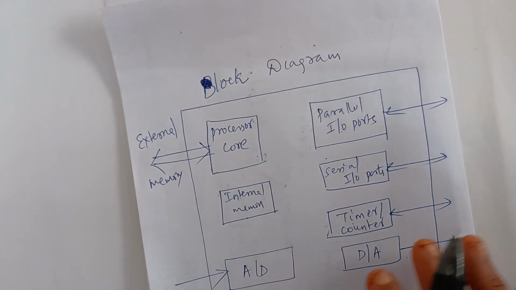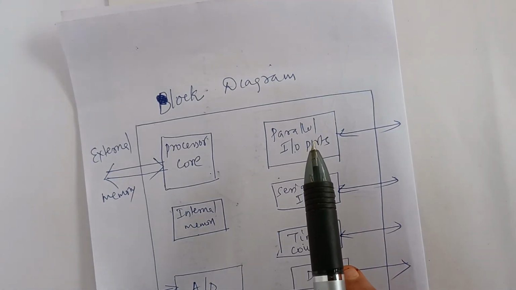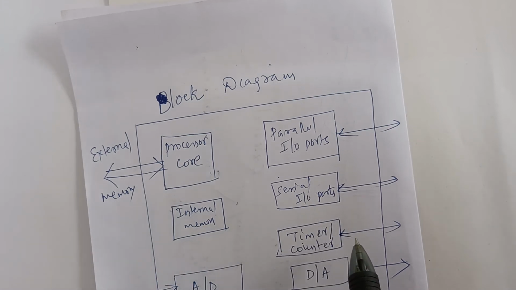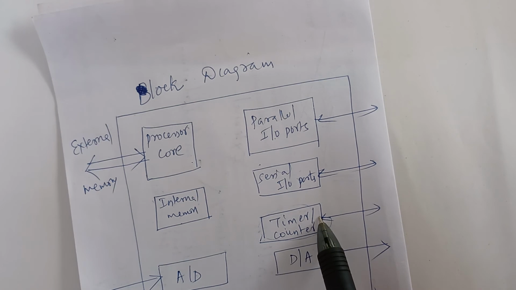Now we need several input output ports. We mentioned parallel ports here, and both the parallel and serial input output ports are needed. Why are these needed? These are helpful in easy implementation of standard input output connections. In many applications we need to generate control signals at programmable time intervals, and this is easily achieved by our timer or the counter.